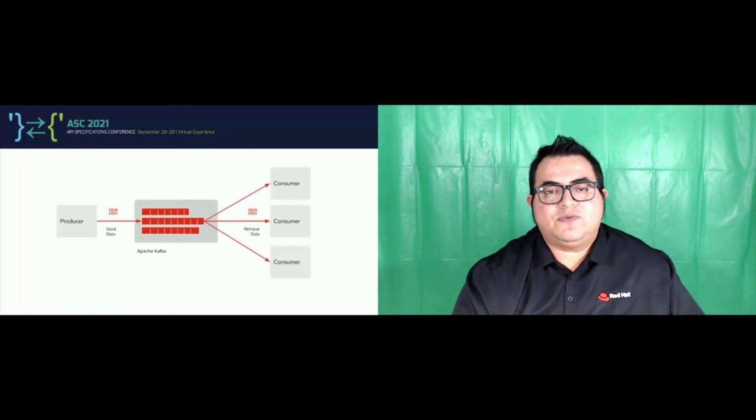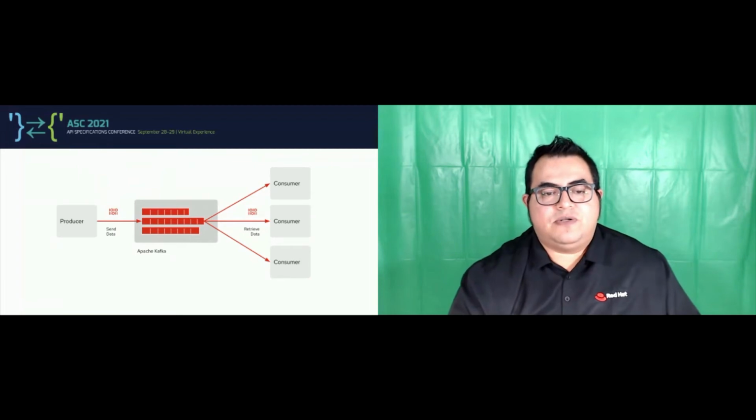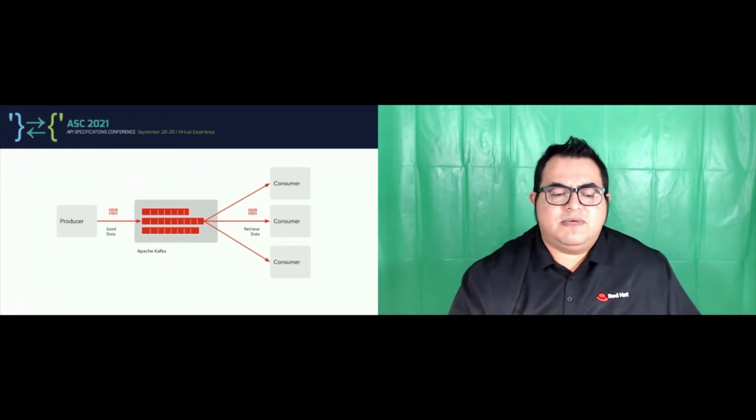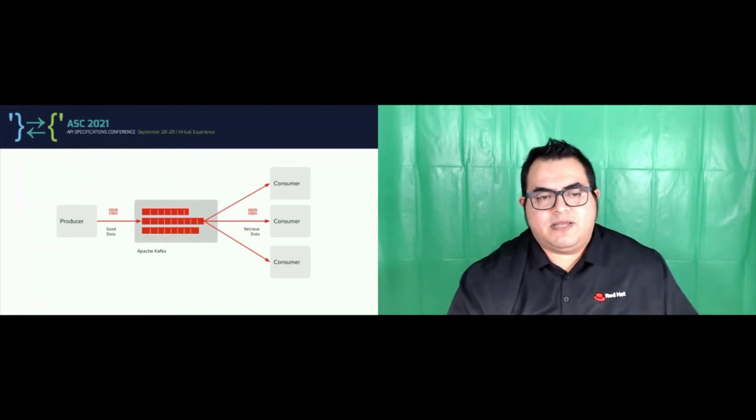But what happens when suddenly your topic needs to share the same information with other consumers? And suddenly you realize that those consumers are not part anymore of your team, and they're now external teams that you need to share information with. So it's the exact same approach when we suddenly realize that we have APIs and we need to share them with our developer portal.